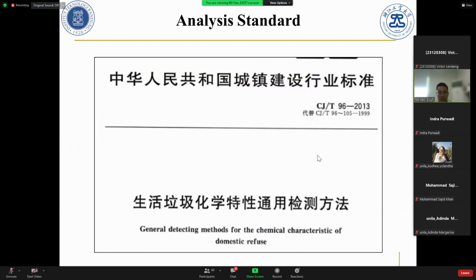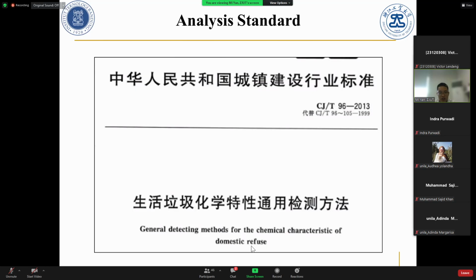After you collect the samples from the landfill or from the waste to energy plant, you should bring them to the analysis center or to your labs for analysis, right? So we also have the standard for the general detecting method for the chemical character of domestic refuse.